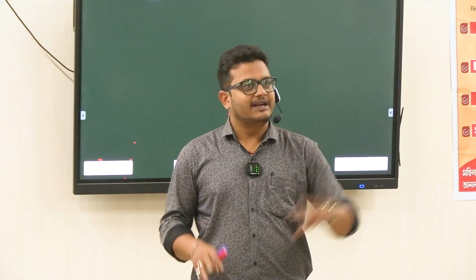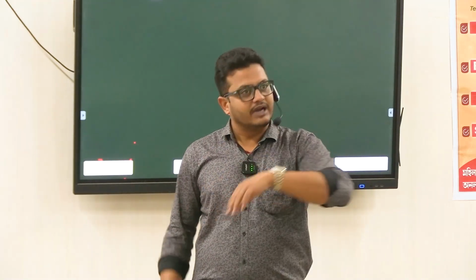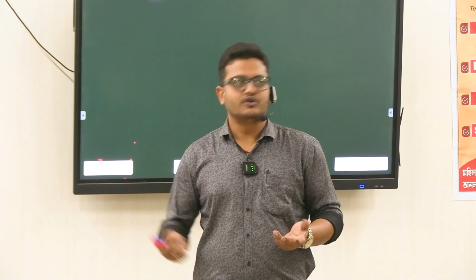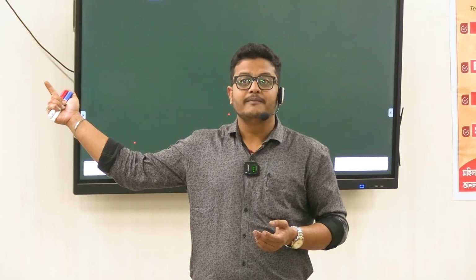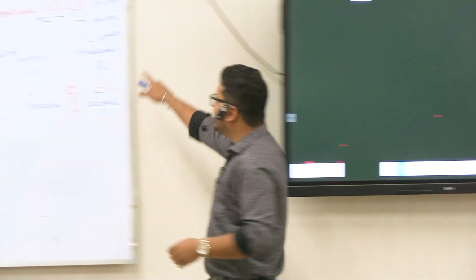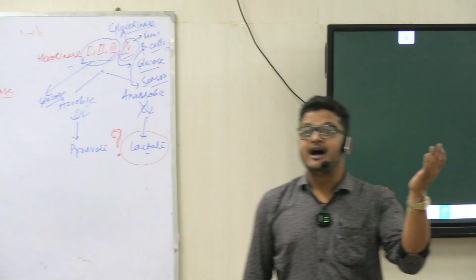If it were high, we would eat dinner every night, our glucose would be maintained until 3 o'clock, and after 4 o'clock, tata, bye bye. That would happen every night. But does that happen? You eat at 10 at night and every morning you rise up, yes or no? So the affinity of glucokinase for the substrate has to be low. That means this enzyme is going to act only when the concentration of glucose in the blood is high.